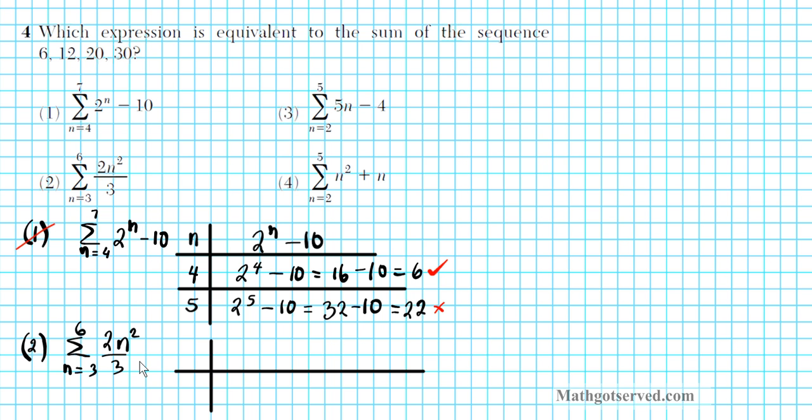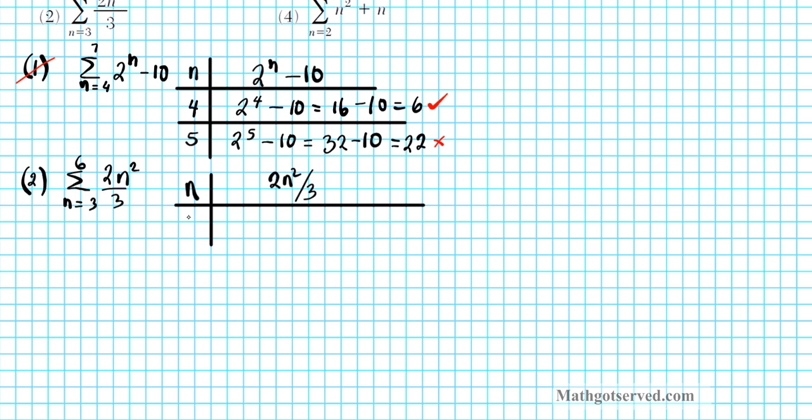Okay, let's go ahead and do it. We have n, and the function that we are going to be using to generate our outputs is 2n squared over 3.